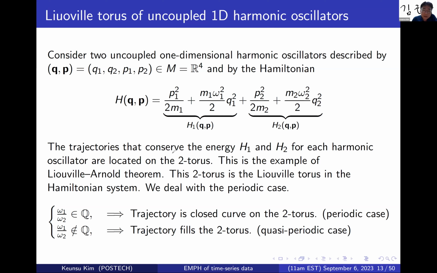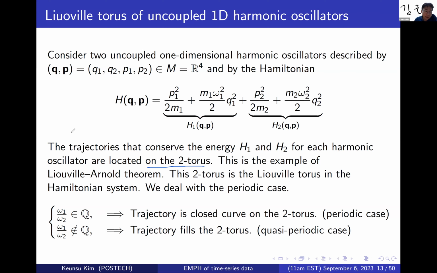The trajectory that conserves the energy of each harmonic oscillator should be located on the two torus. This is an example of the Liouville-Arnold theorem, and this two torus is called the Liouville torus in this Hamiltonian dynamical system.